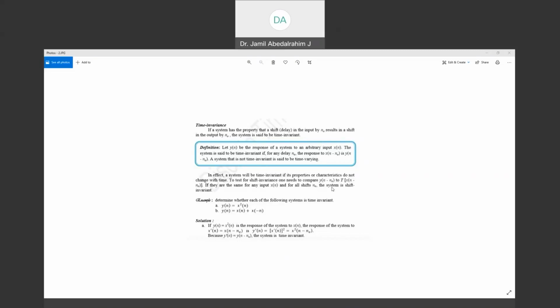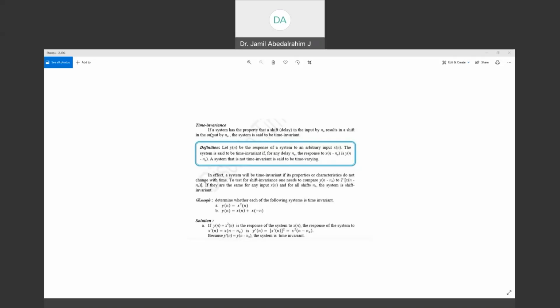We already know that when a signal moves from one place to another, it faces some errors such as noise or distortion or dispersion. In digital, we can know the type of these errors by shifting, like you see here.